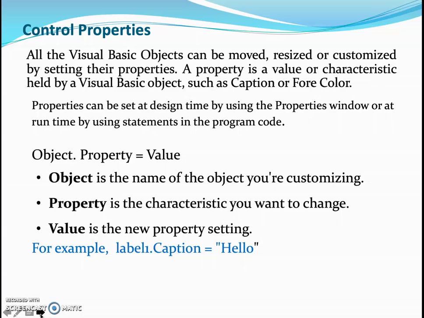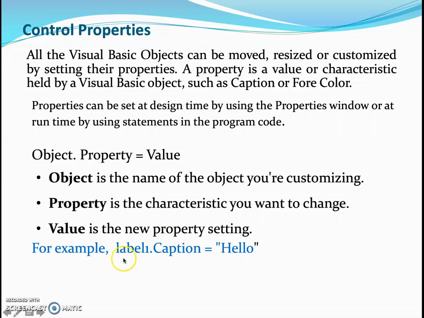Like any object, control dot property, and we can give a value to it as given here. Every control which has an object is the name of the object. Property is the characteristic you want to change, and value is the new property setting.